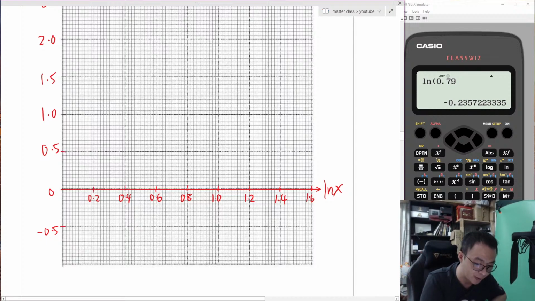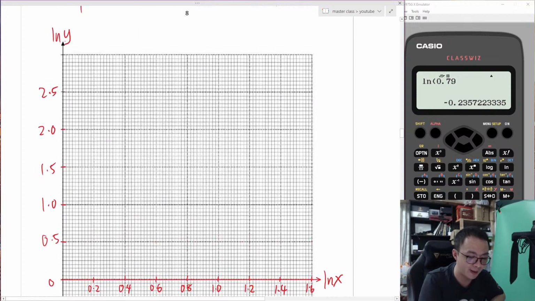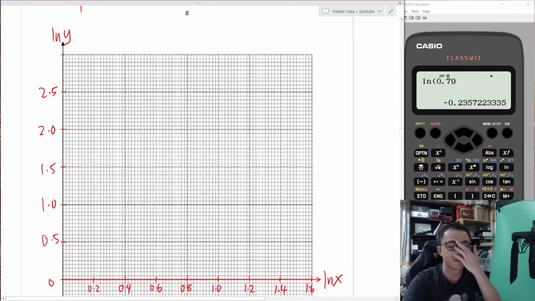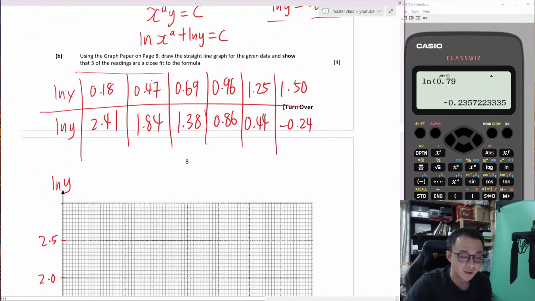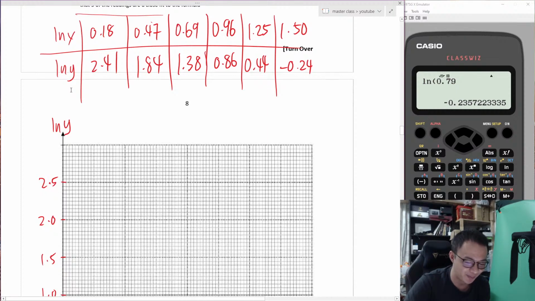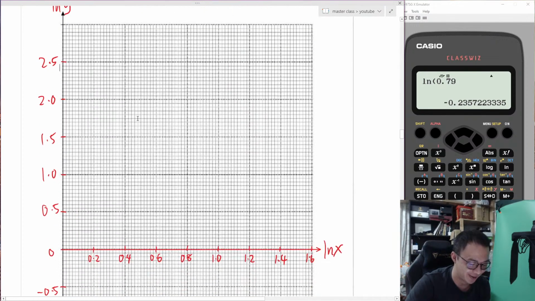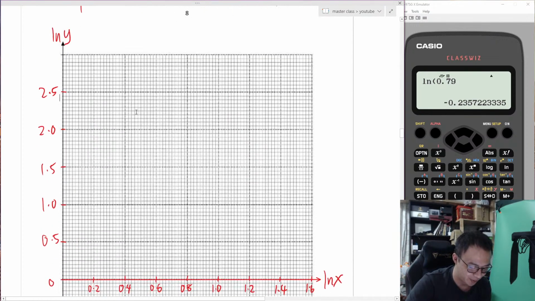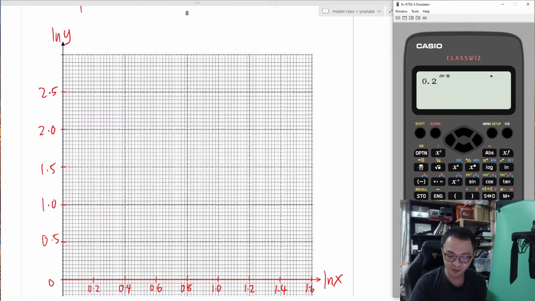Okay, so then you just plot it, and then you should find one is out of the range here. So okay, I'm super lazy to plot. This is the only time I will plot the graph. 0.18 and 2.41.